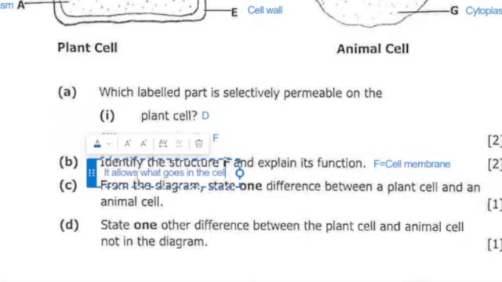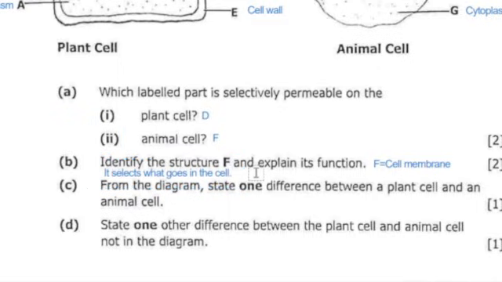Let me use the word selects. It selects what goes in the cell. Okay, so that's a duty. It just selects what goes in the cell and what does not go in the cell.